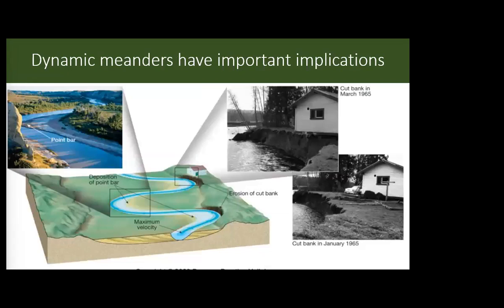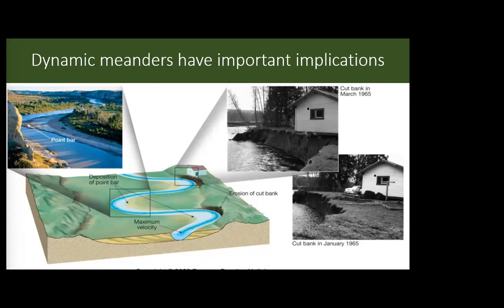So we can use our knowledge of meanders to understand where to build things. Even though most people like to build along rivers because, number one, it's picturesque, you have a nice babbling brook to fall asleep to at night. But if you build on the cut bank, as you can imagine, it's going to keep cutting no matter what you build on top of it.